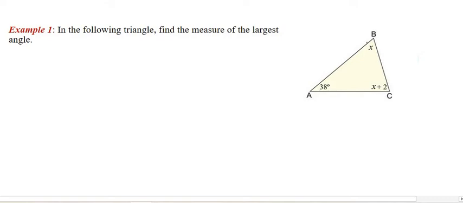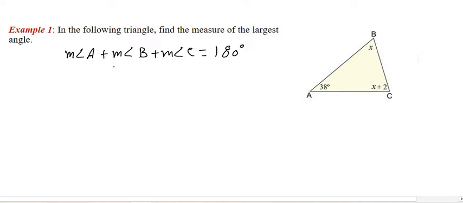Okay, guys. So, we have a really important rule that helps us to find out the required. And this rule is the sum of the measures of the interior angles of any triangle add up to 180 degrees. So, in order to solve this problem, I know that the measure of angle A plus the measure of angle B plus the measure of angle C simply equals 180 degrees.